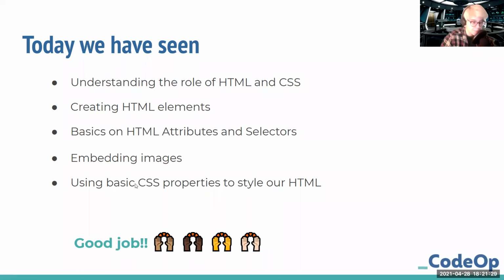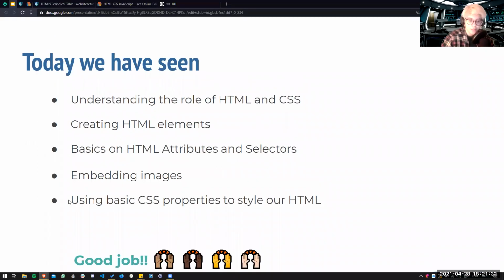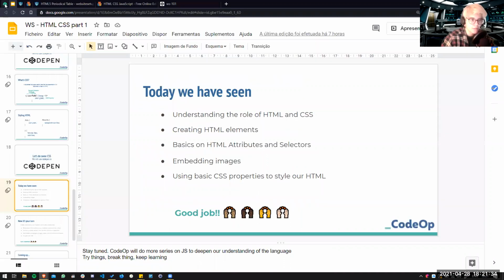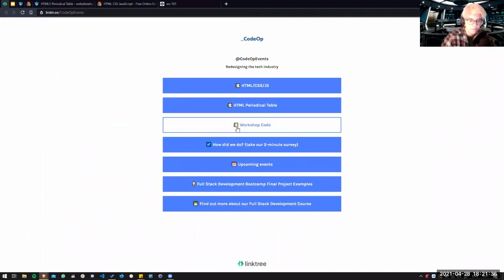And that's it. Good job. I will send this code to you, and as well, oh, you have this already. Sorry, you have the workshop code here. So you can play with this. And if you have any questions, you can ask me or Ruth.